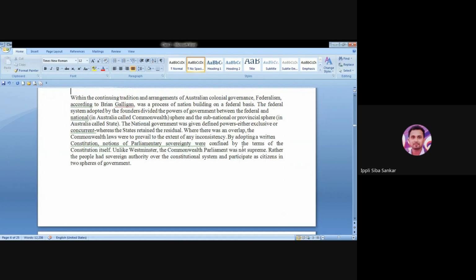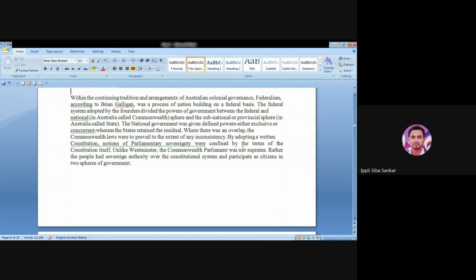Within the continuing tradition and arrangements of Australian colonial government, federalism, according to Brian Galligan, was a process of nation building on the federal basis. The federal system adopted by the founders divided the power of government between the federal or national sphere and the sub-national provincial sphere.